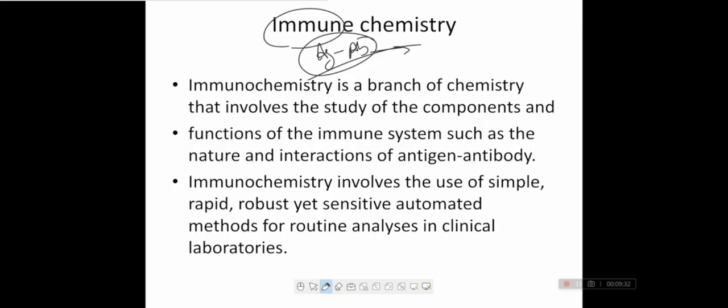So, okay. Immunochemistry is the branch of chemistry that involves the study of the components and function of the immune system, such as the nature and interaction of antigen and antibody.